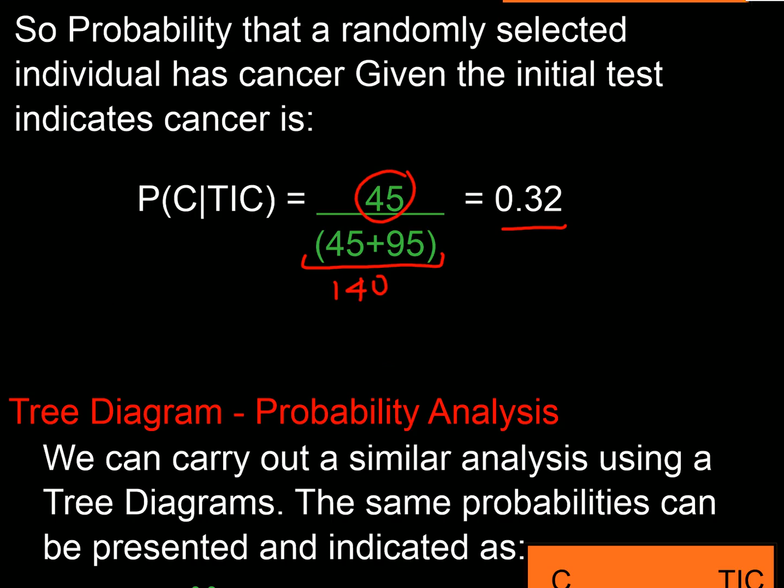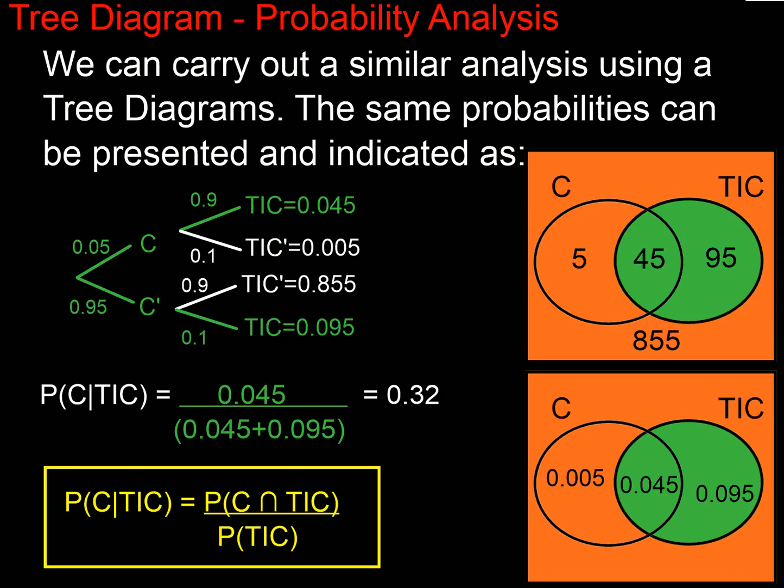So there we are. Let's have a look at this now as a tree diagram approach and do a probability analysis. Okay, so we start off by looking at whether the woman has cancer or not, and we know that 5% of the population have cancer. And if you have cancer, then the test will, as we did above, in 90% of cases correctly indicate you've got cancer.